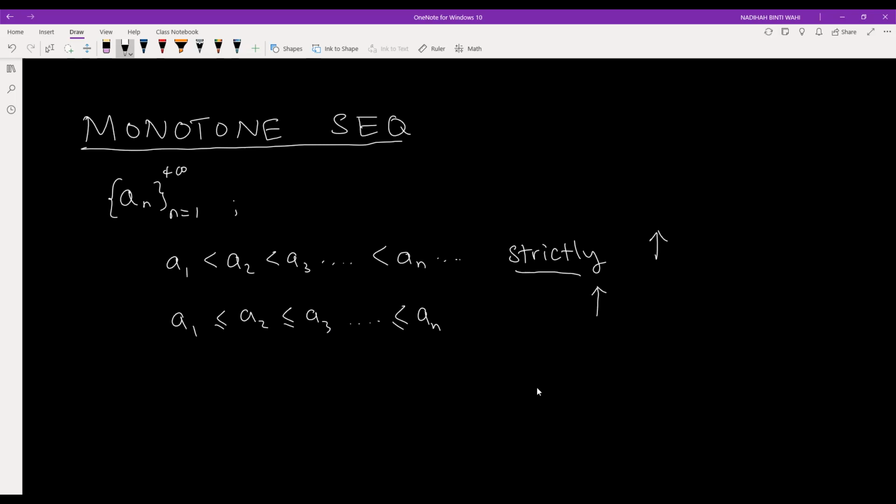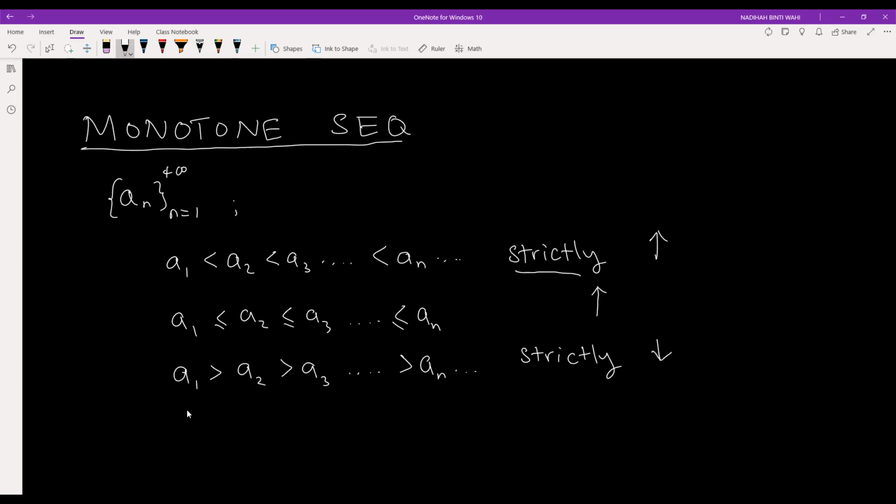Same thing on the other hand, if I flip the inequality sign, if I have A1 bigger than A2, bigger than A3, and so on, last term bigger than AN, I can say this is strictly decreasing.